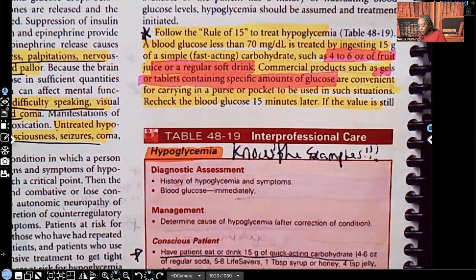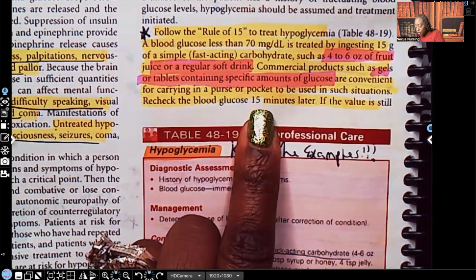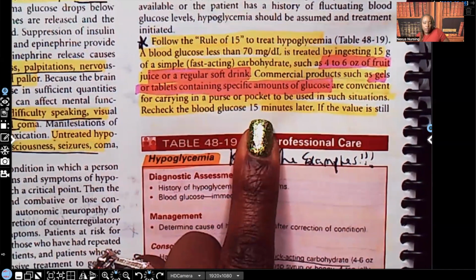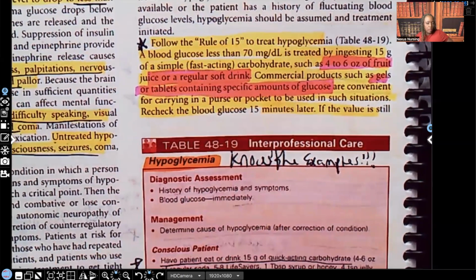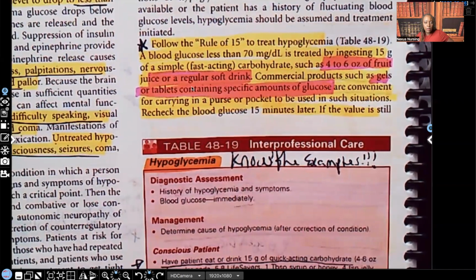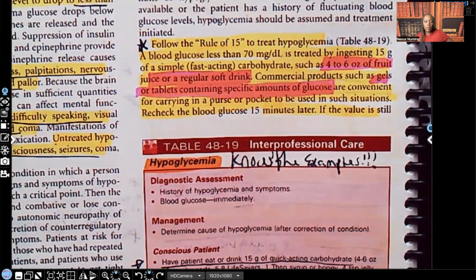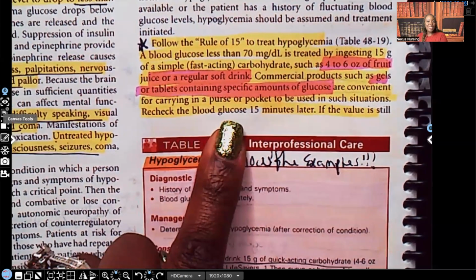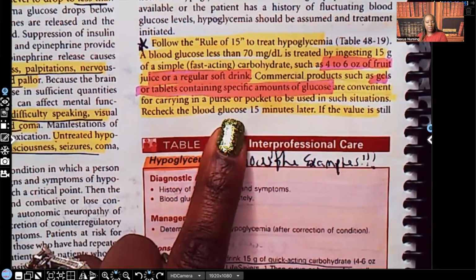After you do that, you're going to recheck the blood glucose in 15 minutes. There we go. You need to give it a little bit of time to bring up that blood sugar, right? So you're going to check the blood glucose in 15 minutes.